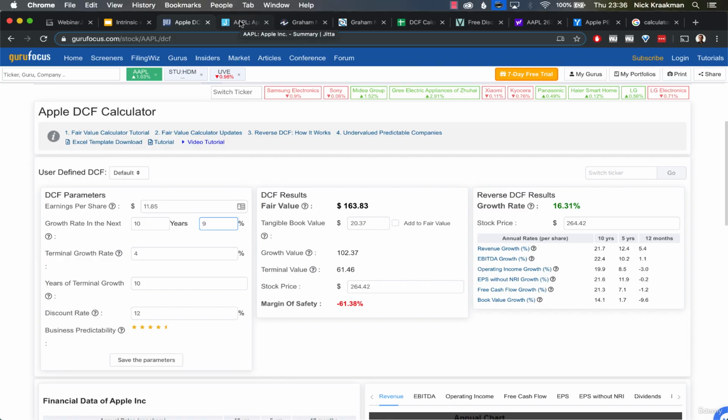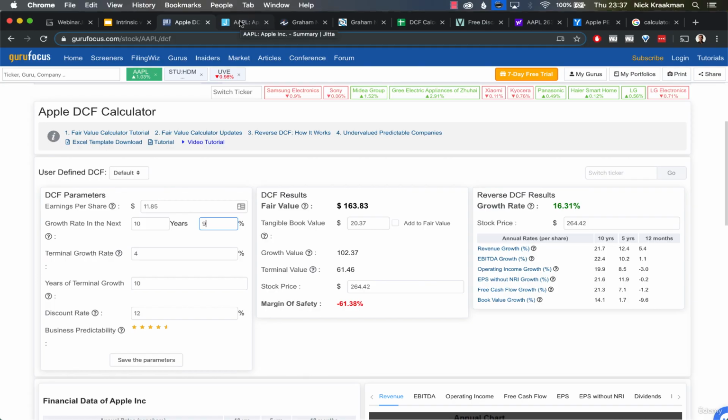So the only way to get a decent idea of a ballpark figure is to compare the results of multiple valuation models, and then come to some sort of ballpark figure.